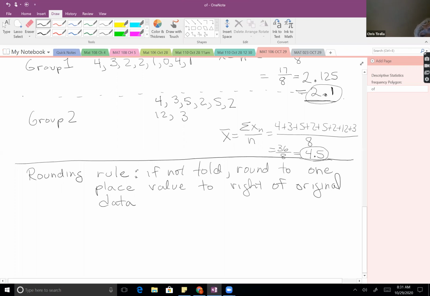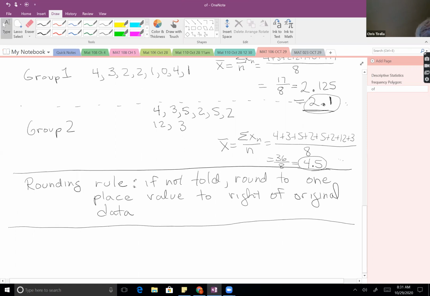Does anybody notice that there's a significant difference between the two groups? If we compare the two groups, I think the only values that are really significantly different were that group 1 had a 0 and group 2 had a 12.